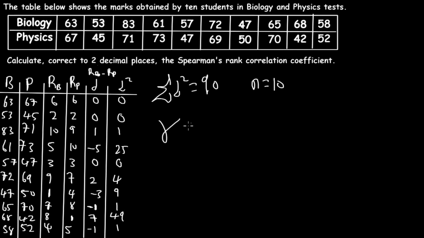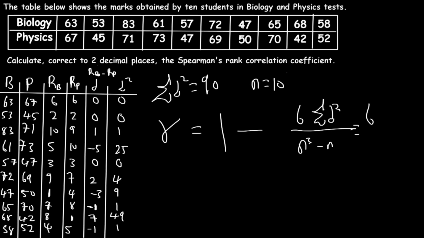Thus, the Spearman rank correlation will be 1 minus 6 times the summation of d squared divided by n cubed minus n. Let's do the fraction first. 1 minus 6 times 90 divided by 10 cubed minus 10.